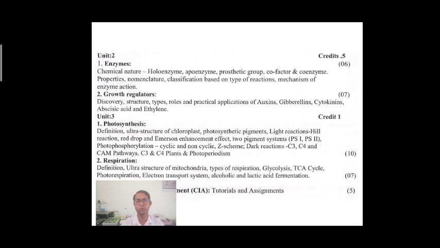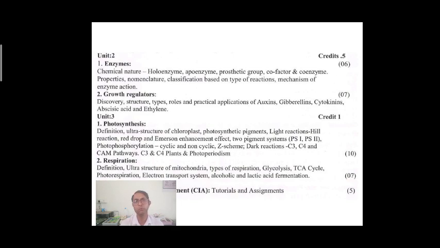As we know, growth in plants is governed by the action of some different substances, which we call regulators. So auxin, gibberellins, cytokinins, abscisic acid and ethylene are the different growth regulators, or growth promoters, which we are going to discuss in unit number 2.